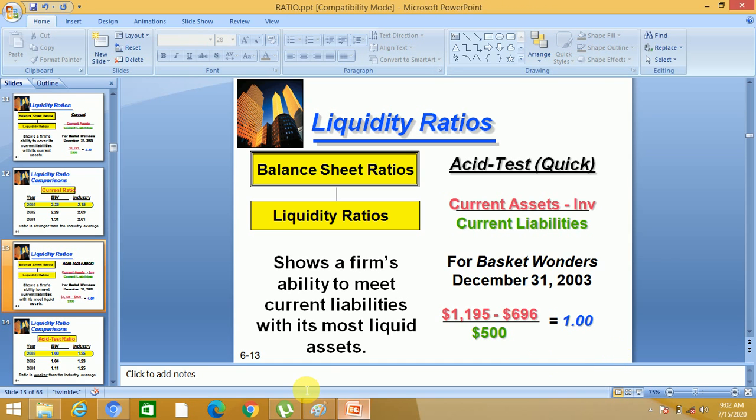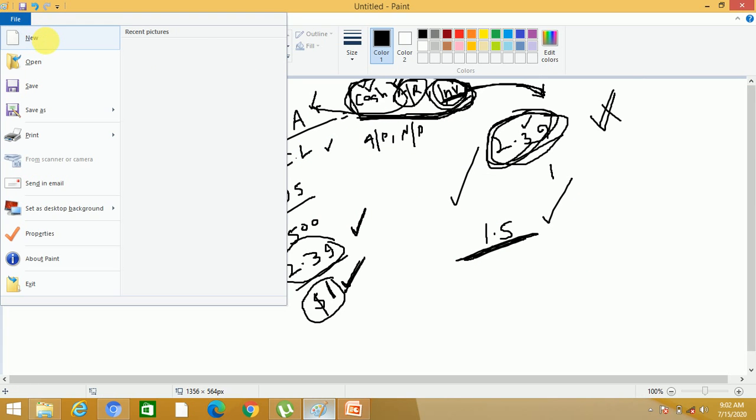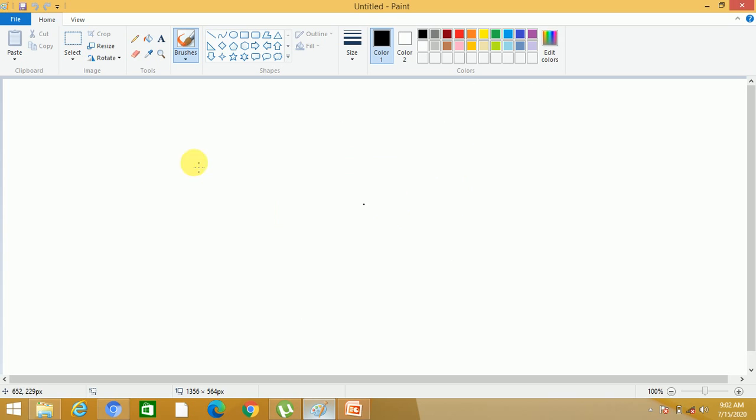What is the meaning of 1? See, quick ratio or acid test ratio is equal to current assets, from which we are deducting inventory, divided by current liabilities.